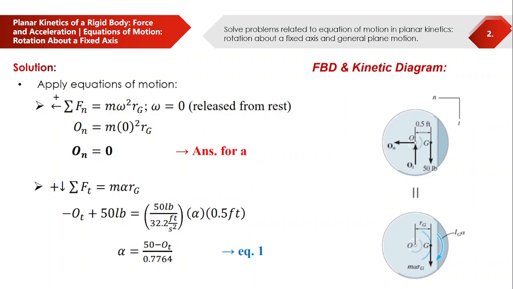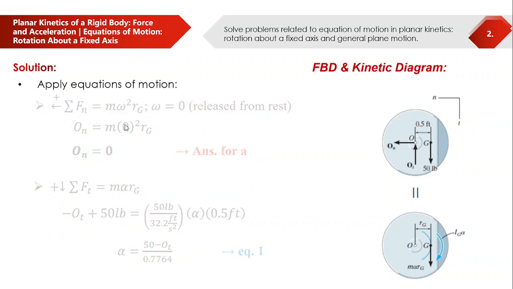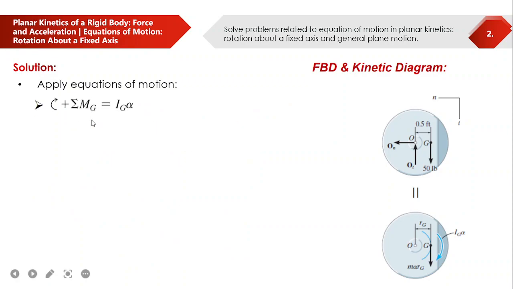But there's one equation of motion, which is the sum of all the moments at point G, equal to I sub G times alpha. The only moment acting, based on the kinetic diagram at point G, is this one, so that would be your O sub T times 0.5 feet.